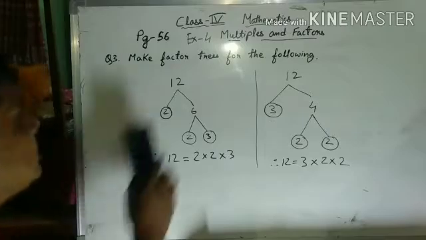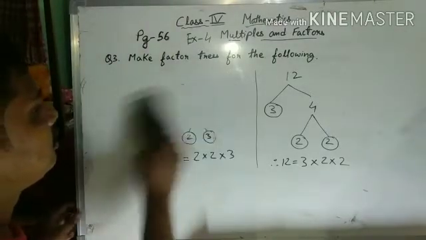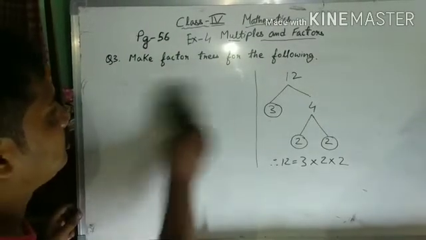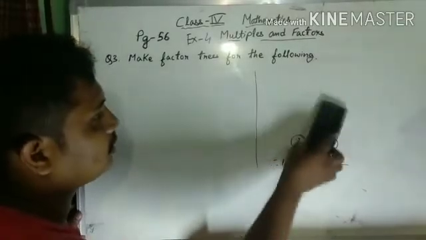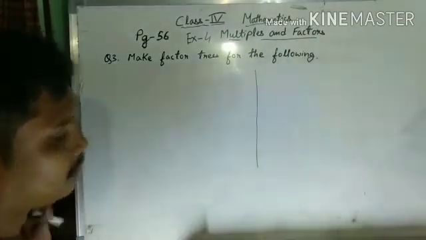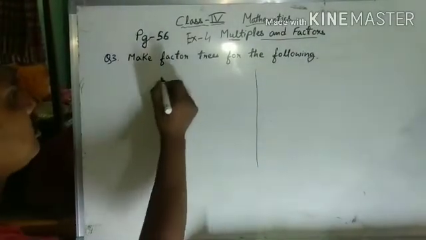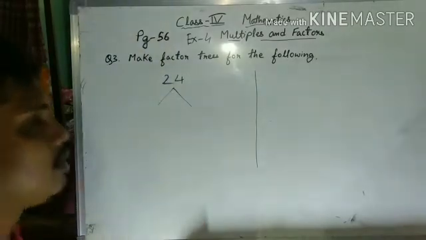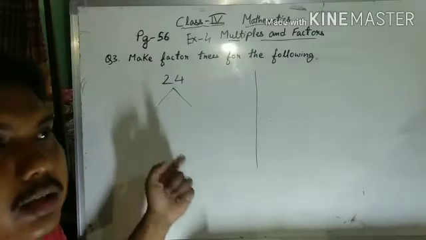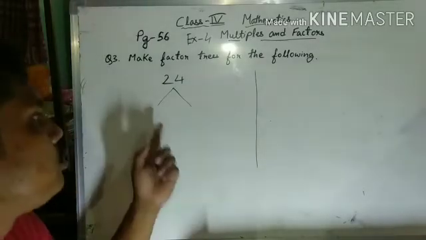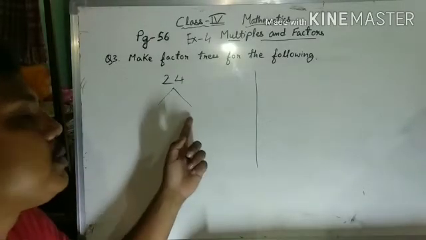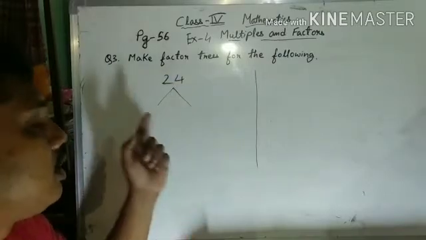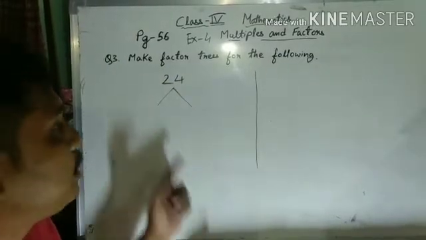Next, suppose I take another example: 24. You can write any numbers, your choice. You write any two numbers whose multiplication is 24, but remember that it should not be 1.